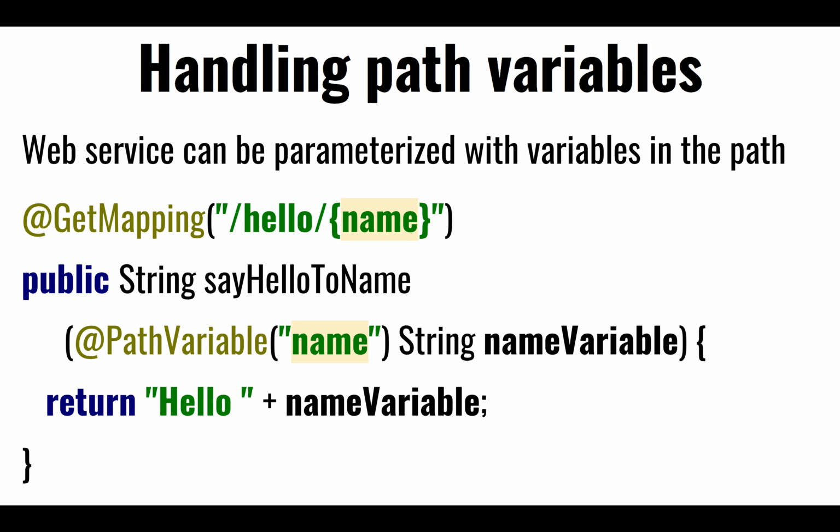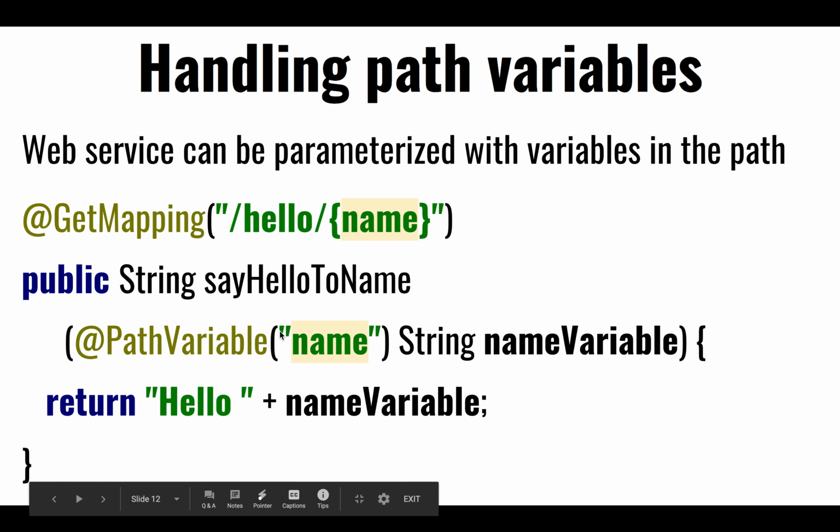Or you can also parameterize your URLs so that you can pass data across as parameters to a function that is running remotely using the path variable. You can declare, using the curly brackets, placeholders that allow you to put anything in there: numbers, strings, dates. Then you can read it and parse it from the URL using the annotation path variable.